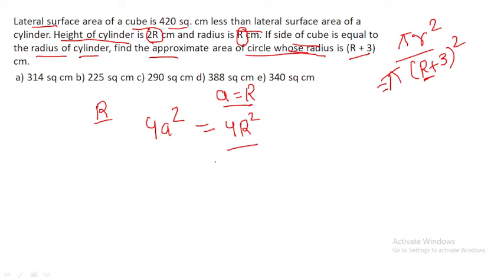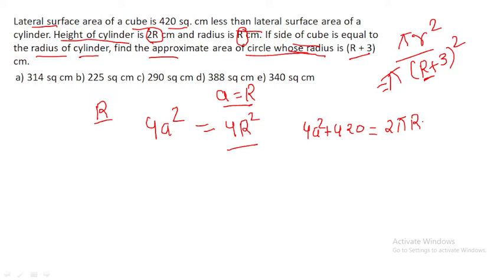Now we can equate the equation. As we know, the lateral surface area of a cube is 420 square centimeter less than the lateral surface area of the cylinder. So 4a square plus 420 equal to the lateral surface area of the cylinder, that is 2 pi capital R h.